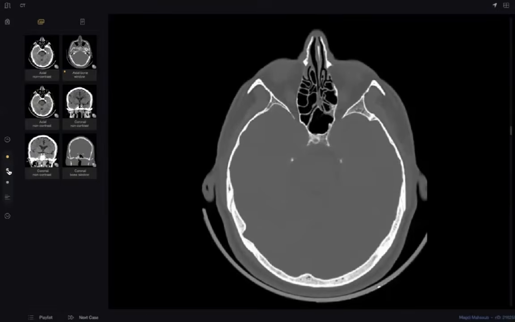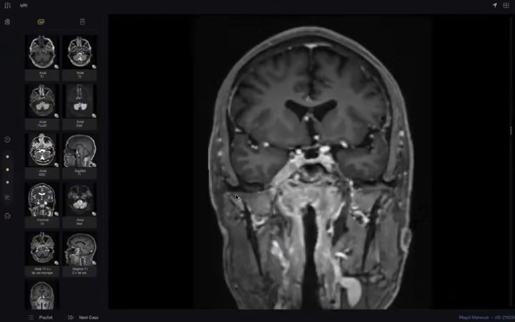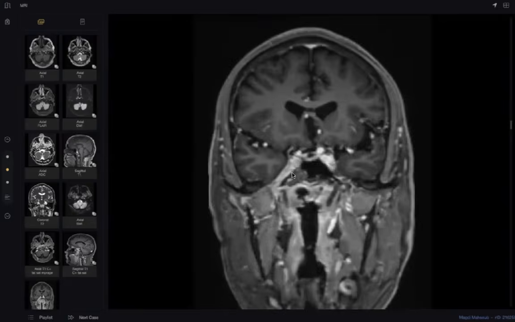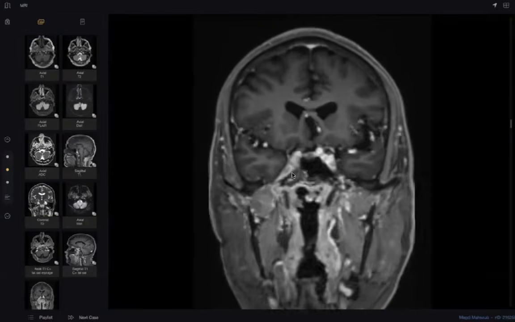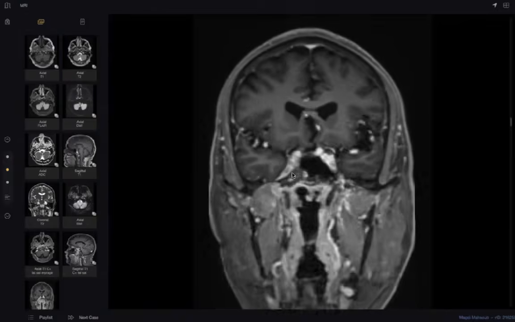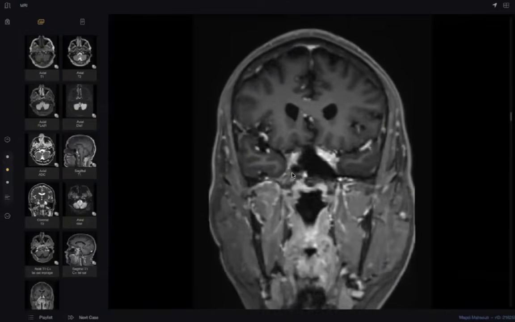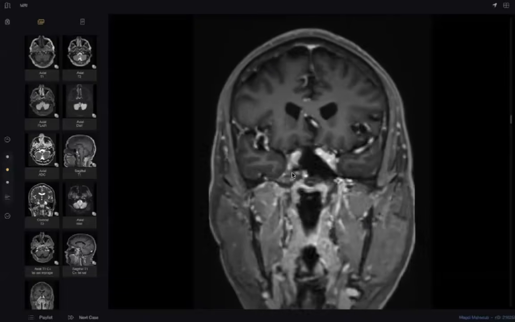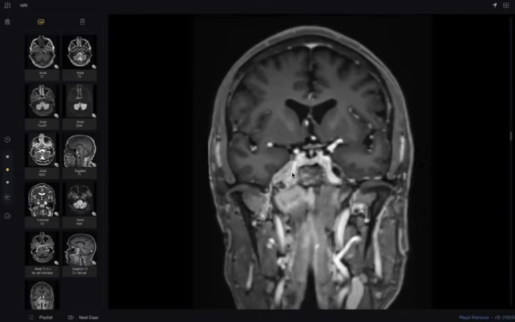This was a case of nasopharyngeal carcinoma, very obvious in coronal here. Look here, very obvious mass. What happened? It extends into the cranium through the foramen ovale by perineural spread.